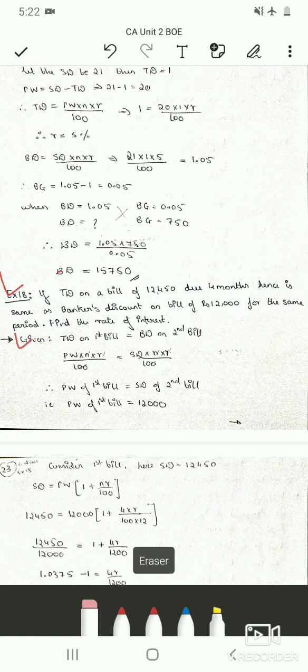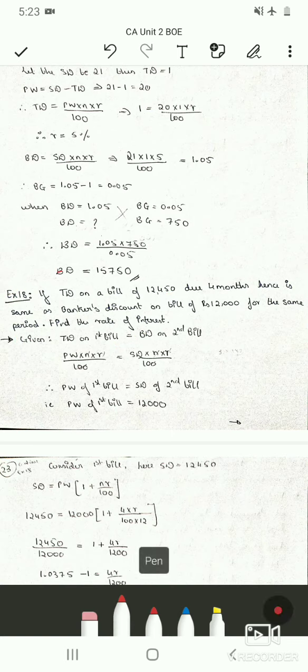True discount on the first bill is same as banker's discount on the second bill. So for the first bill, sum due is 12,450 and sum due for the second bill is 12,000 rupees, and they have asked to find out rate of interest, and N is 4 months.